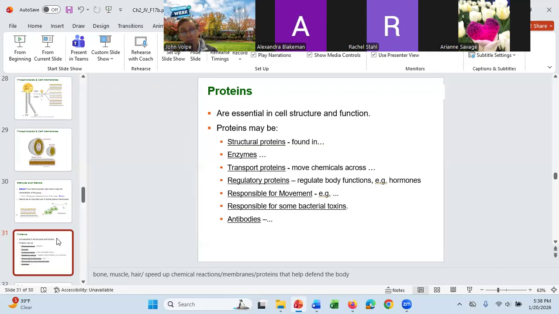The protein could be responsible for movement. The reason why I'm moving my arm here, or the reason why we move, is because of contraction of a protein. This is also true for bacteria that can move. It's because the bacteria have at least one flagellum, one or more flagella, which causes the cell to move.